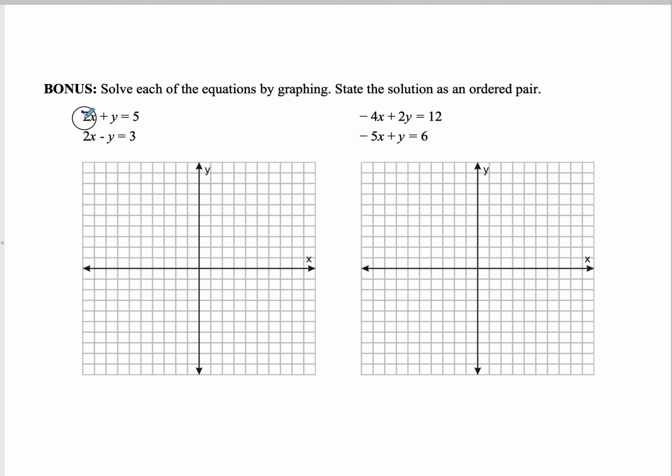So if x is 0 and y is 5, that's a point that has to be on the line. Now, I'm not going to get an exact number, so I'm going to find just any other random point. What if x was 2? If x was 2, this would be 4, so y would have to be equal to 1.